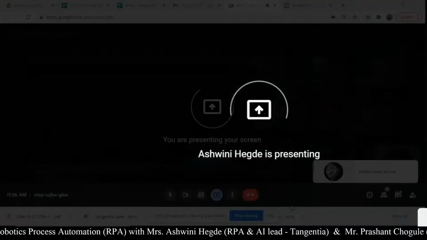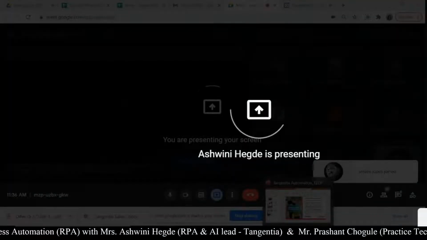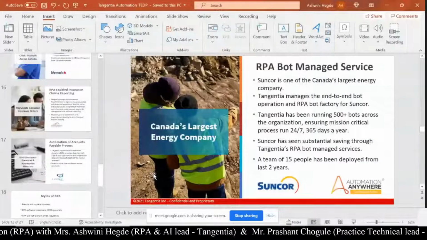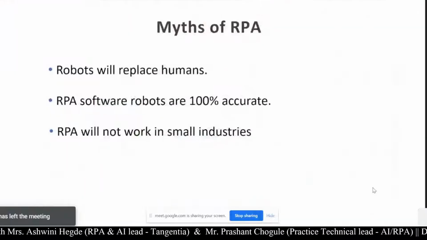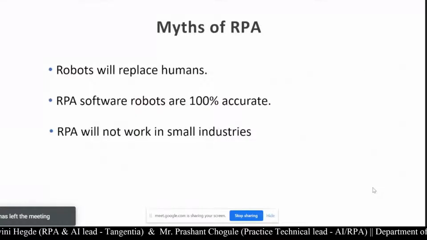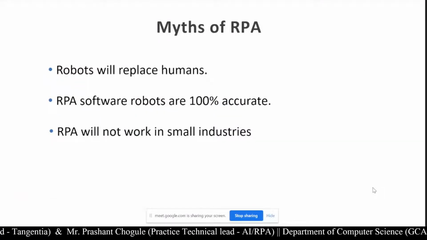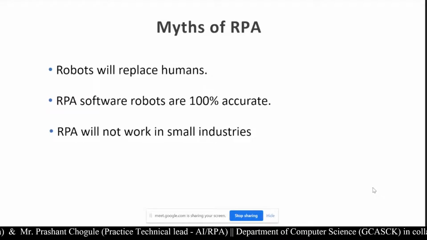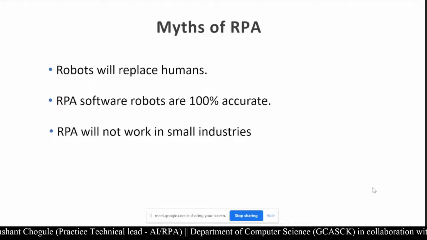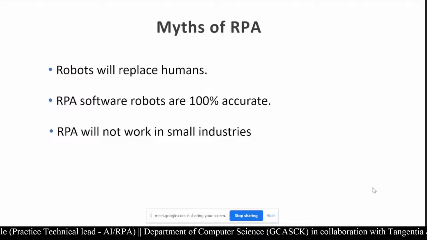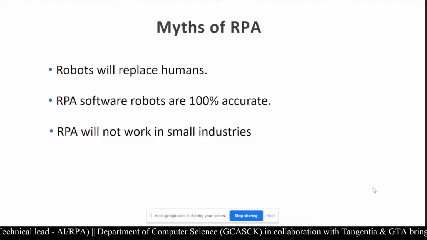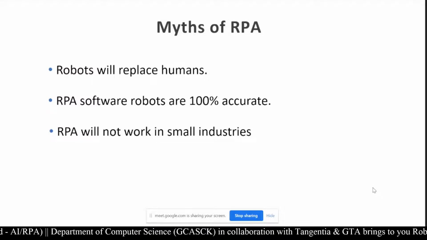Okay, so I'll just quickly share my screen back. So there are some myths about RPA, that robots will replace humans. I mean, we built the bots, right? So I don't think bots can replace us.